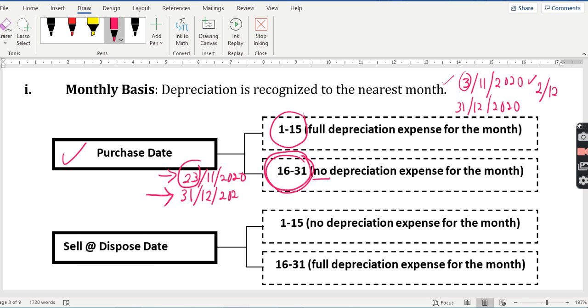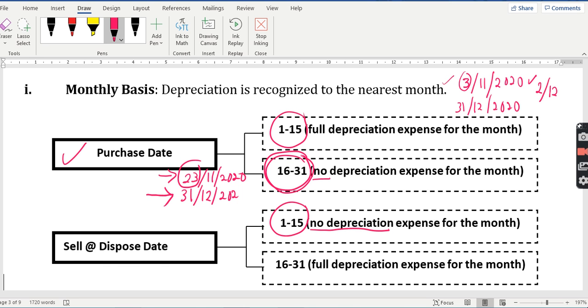If we intend to sell the asset during the early part of the month, from the 1st until the 15th, since we are not able to use the asset from the very beginning of the month, on that particular month there won't be any depreciation. So your depreciation for the current year will be calculated until the month before.